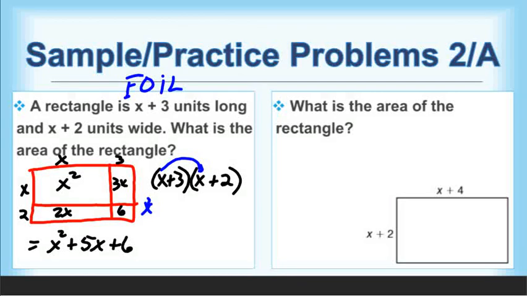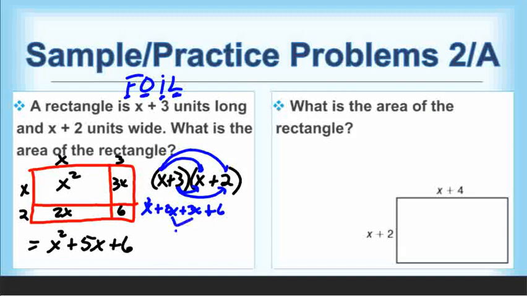Then we would have the outer, so that means the first and the last one, so x times 2, that's 2x. The inner, that's the middle two, so 3 times x, which is 3x. And the L, the last term in each binomial, 3 times 2, which is 6. These two become your 5x, and then you have your plus 6 and your x squared. And this would be square units.